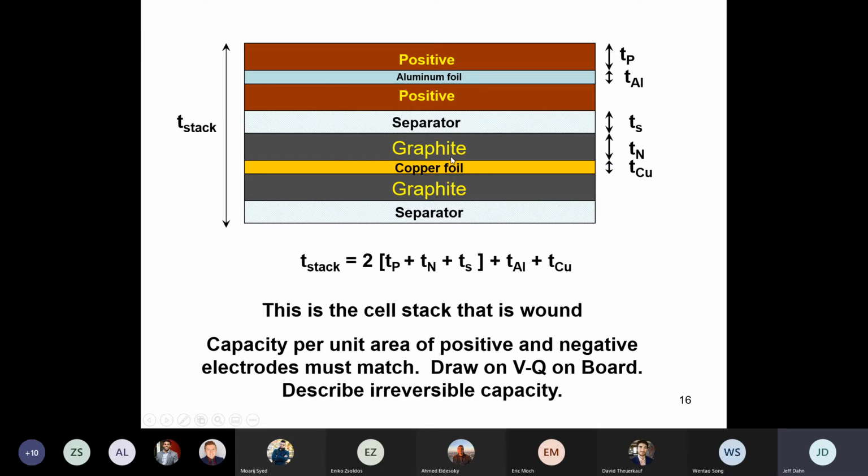In the pouch cells we use in our laboratory, this electrode stack, a long stack, is wound up into a flat winding. But anyway, this is the stack that's wound.